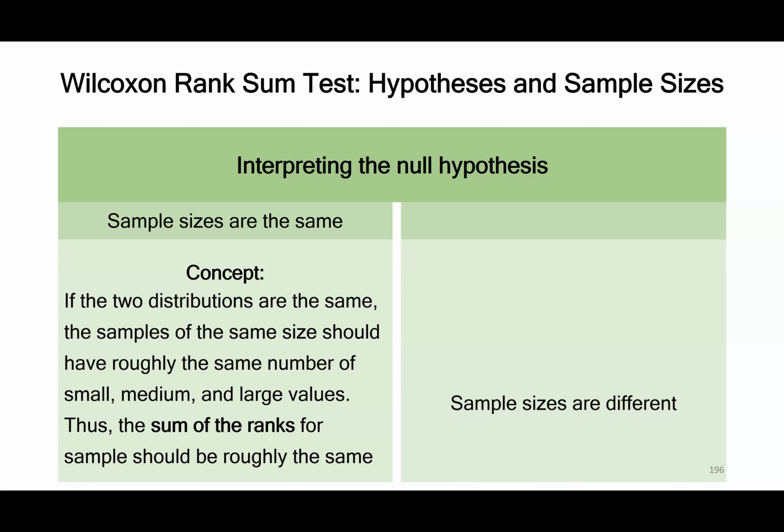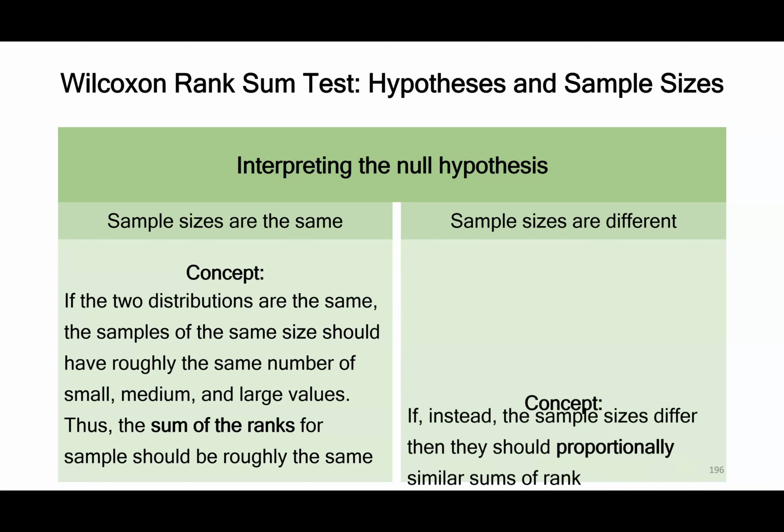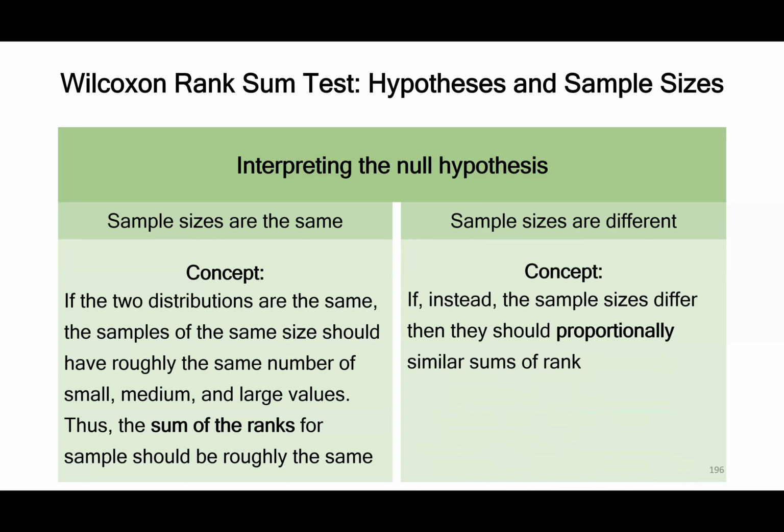Versus if they are different, if we're looking at two groups here, the sample sizes, you're not going to have exactly the same number of ones, the same number of medium, or even approximately necessarily.